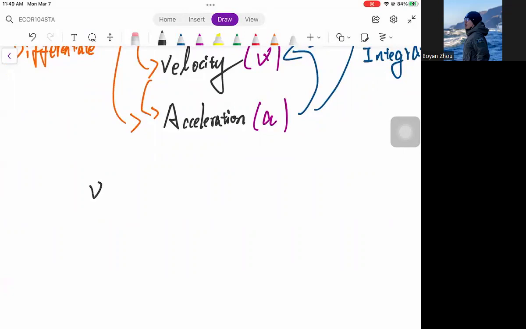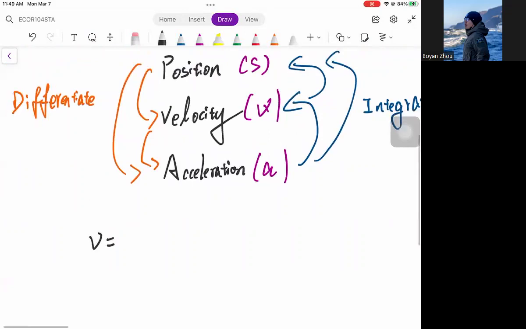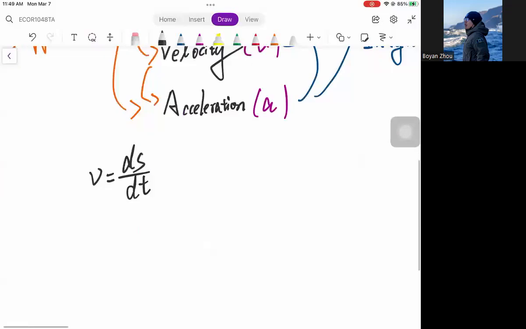Usually the first one we have is the velocity. Remember, velocity is the position after differentiation, so it's gonna be ds over dt. And the same thing for the acceleration, so a is gonna be dv over dt.